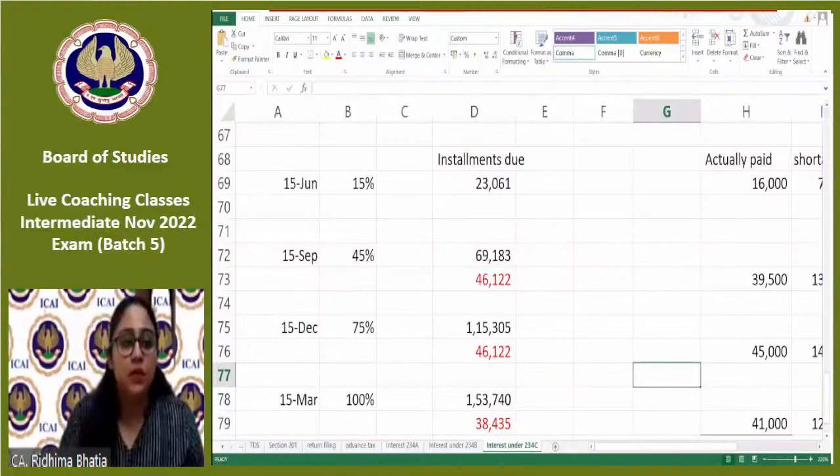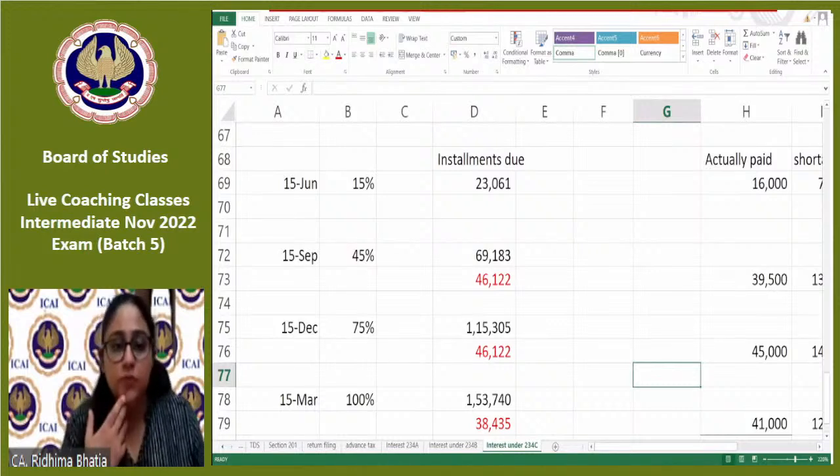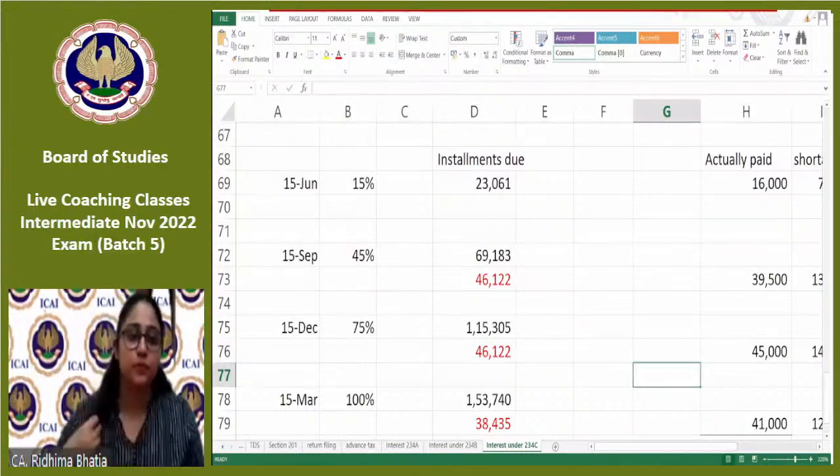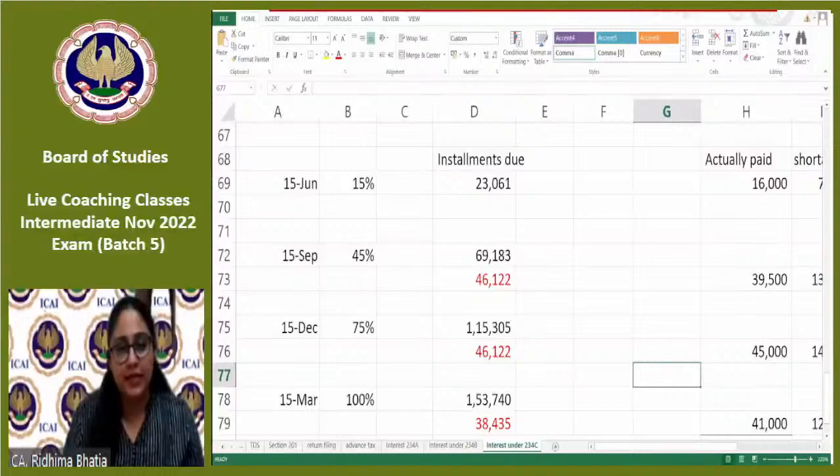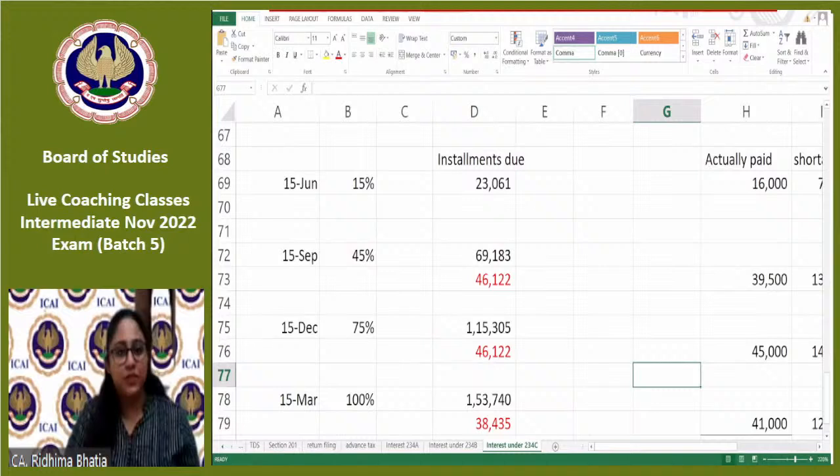Total interest under 234C. Okay, time's up. Hitesh, very good. So the first to give it correct was Himanshu, then there was Ayush, and then there was Hitesh. So very good. Atya has given it correct, not Hitesh. Atya has given it correct. Very good, Atya.